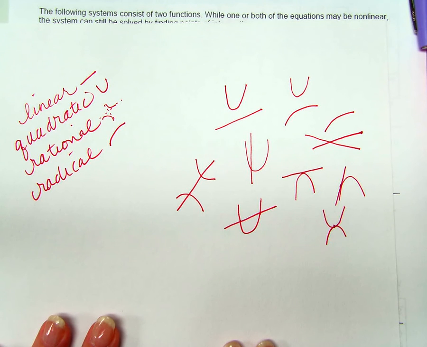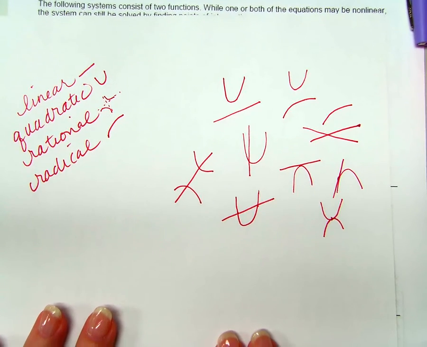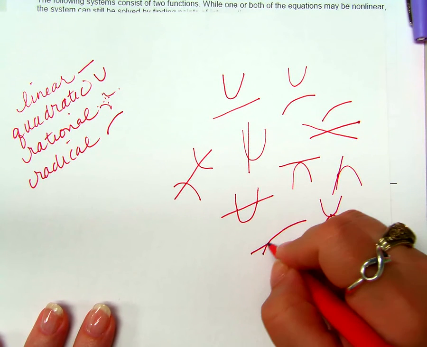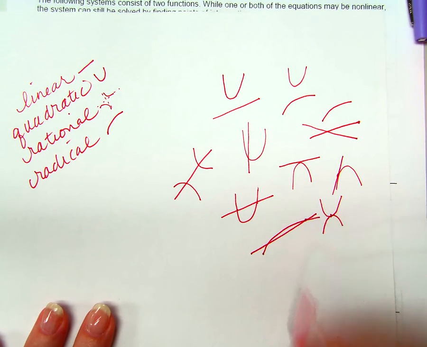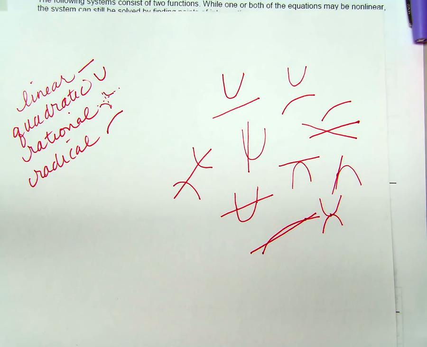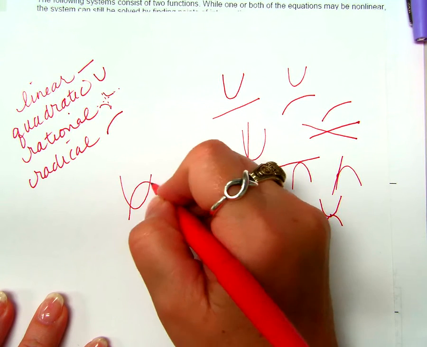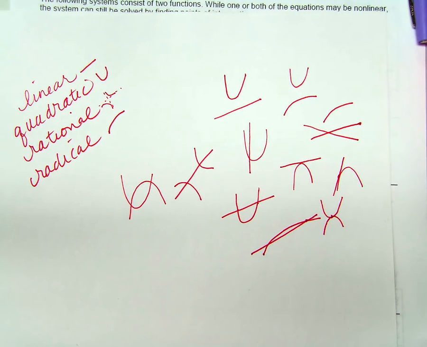Okay. What about a radical and a line? Could you do that? If you started here and went that way and maybe your line went like this. Something like that. You could have 2 solutions that way. What about 2 parabolas? Here and like that. Something like that, right?